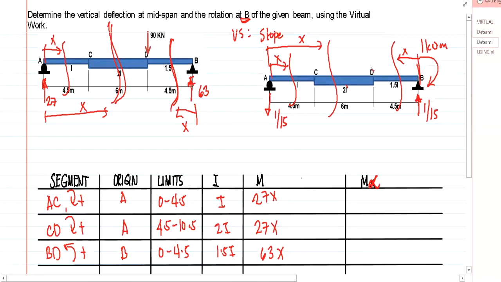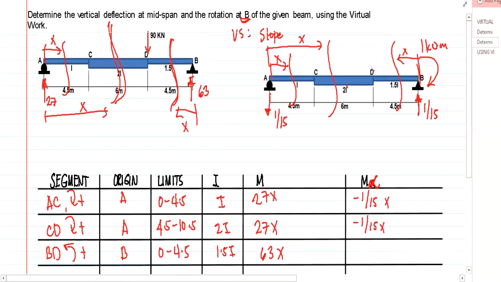So if we take our moment here at segment AC, clockwise positive, our reaction will have a counterclockwise. Kaya, negative 1/15x yung magiging moment equation natin in our virtual due to slope. Okay? And for CD, the same, that is negative 1/15x. Okay?